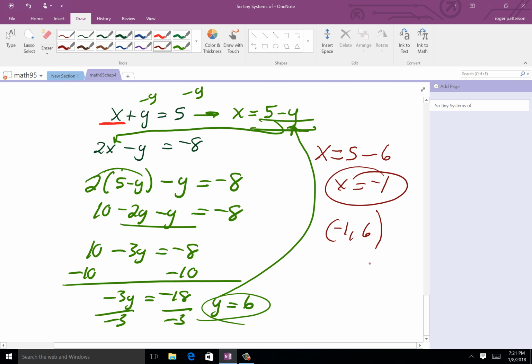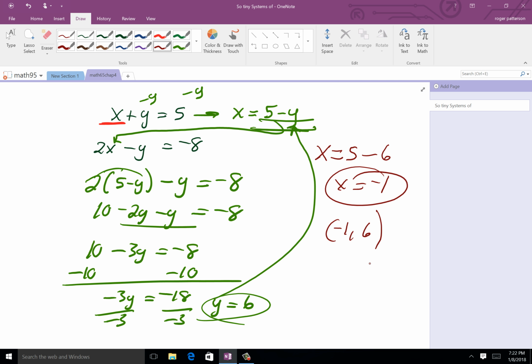So if I took these equations and I graphed them, all right, and I checked them, I should get negative 1, 6. All right, so I can tell you that on your quiz and your test, that's what I'm going to ask you to do. I'm going to ask you, hey, can you solve this equation by substitution and then verify your answer by graphing?